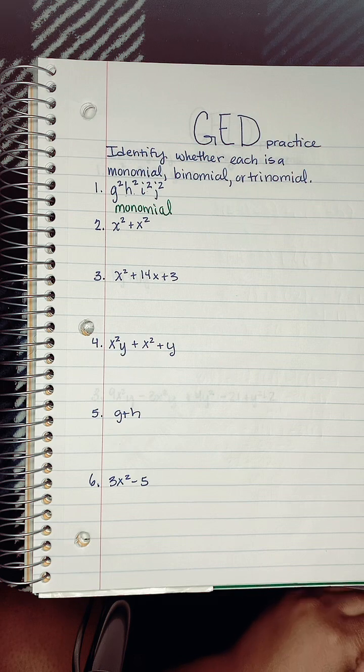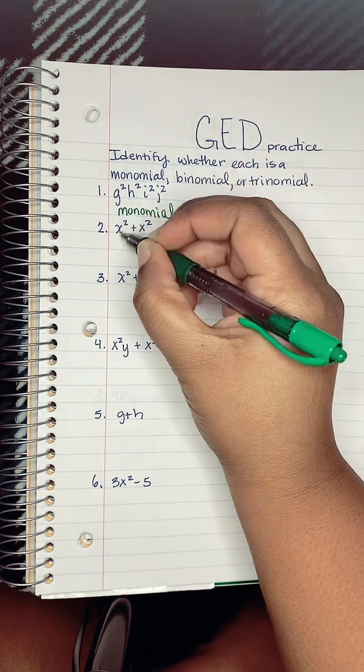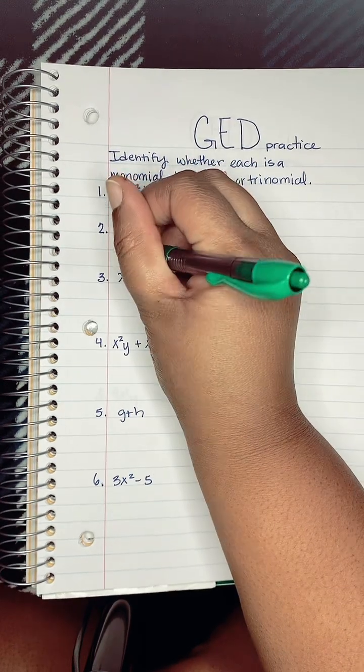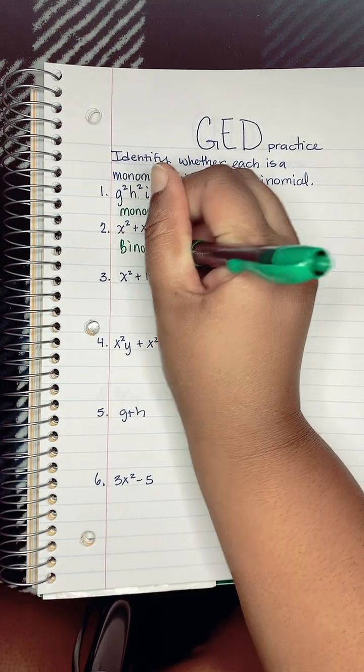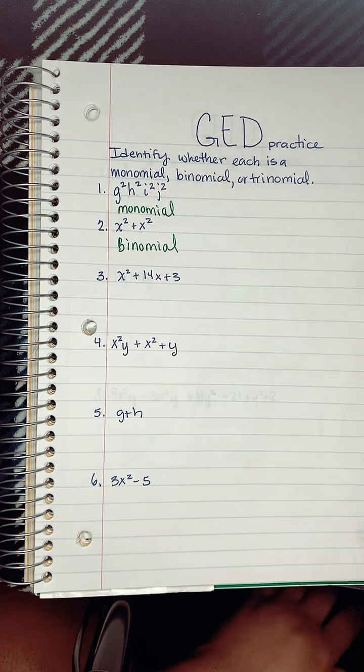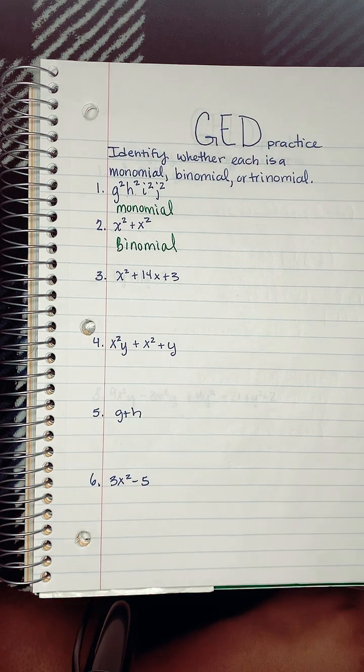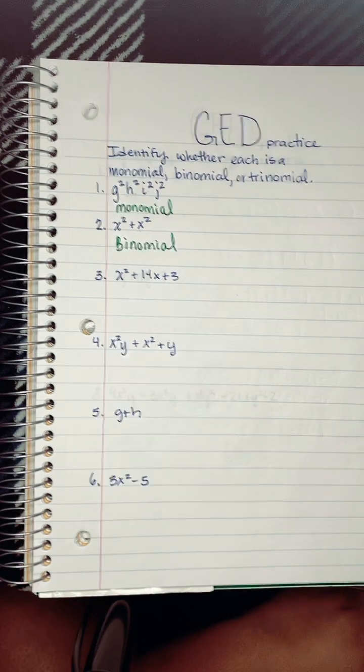Yes. Because we have a 1 and a 2, it's separated through an operation. So this is a binomial. Wonderful. What about number 3? What do you guys get?